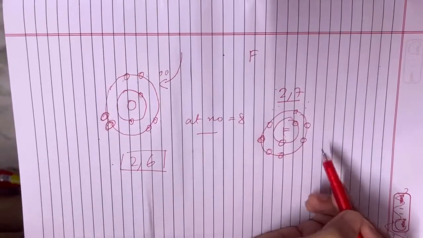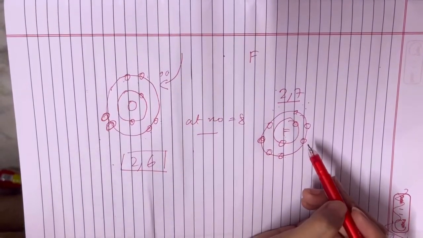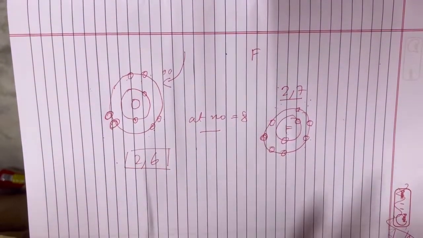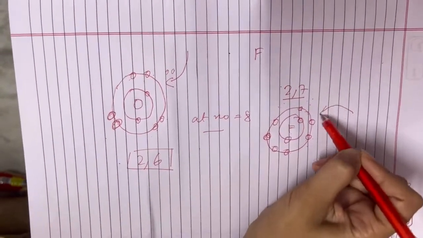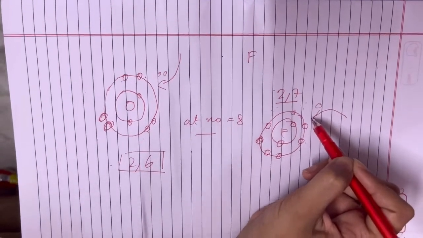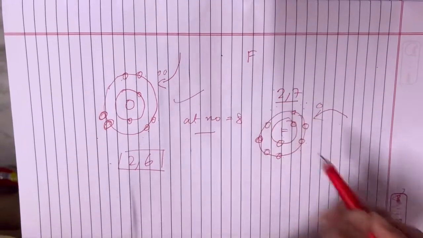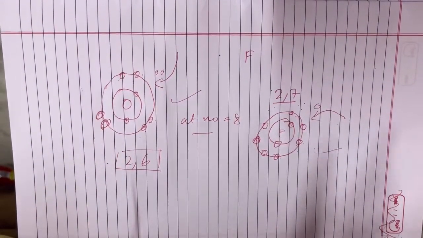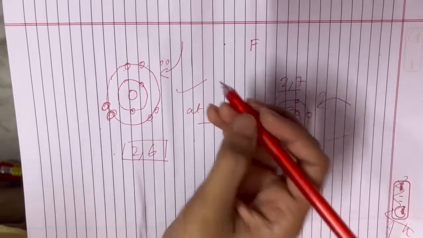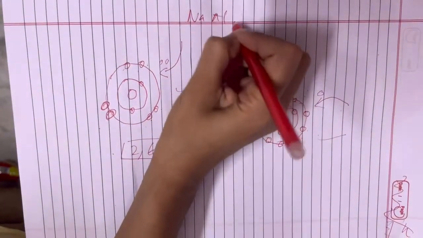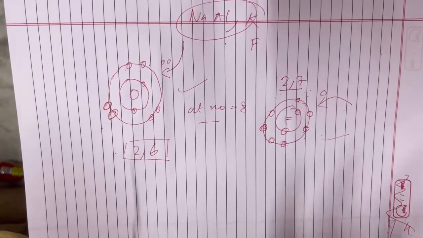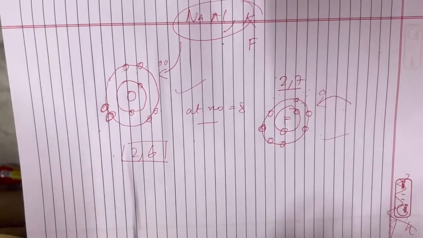Now it has 7 electrons in its outermost shell, and it is very, very difficult to lose electrons one by one, 7 times. Rather, for fluorine, it is easier to accept 1 electron from some other atom. So atoms like oxygen and fluorine want to accept electrons, and atoms like sodium, aluminium, potassium want to donate, they want to lose electrons.